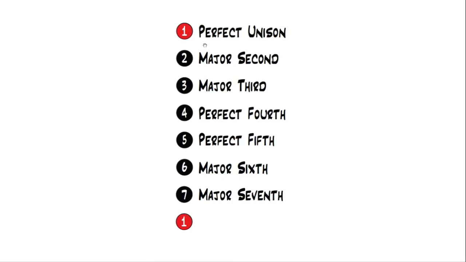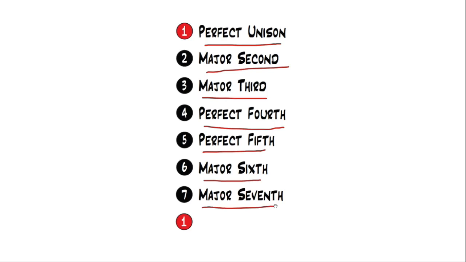If I was to write out all the interval names vertically of a major scale, your 1 would be perfect unison, your 2 would be major second, your 3 would be major third, your 4 would be perfect fourth, your 5 would be perfect fifth, your 6 would be major sixth, and your 7 would be major seventh. Those are the interval names of a major scale.